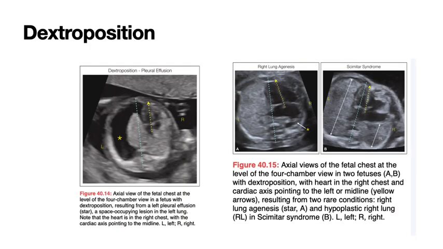Here are some examples of dextroposition. The one they have here is a big left-sided effusion that pushes the heart way over into the right side. And the same way with the other side: you've got scimitar syndrome on the far right there. The reason the heart is way over there is because the right lung is tiny and the left is normal.